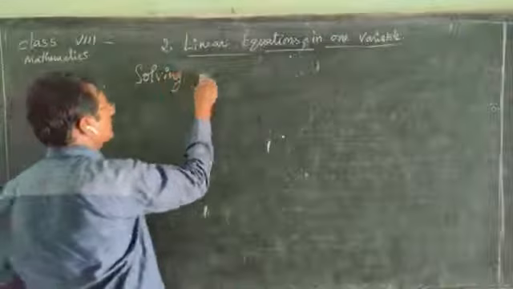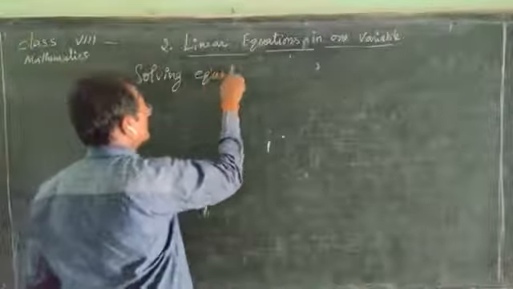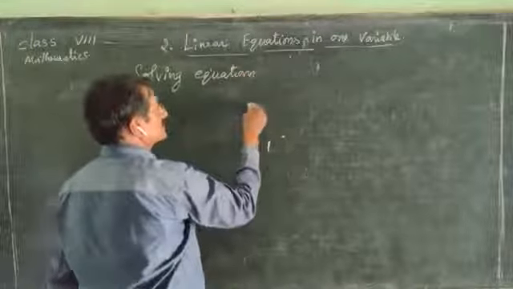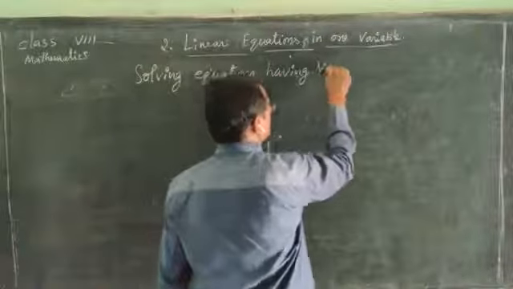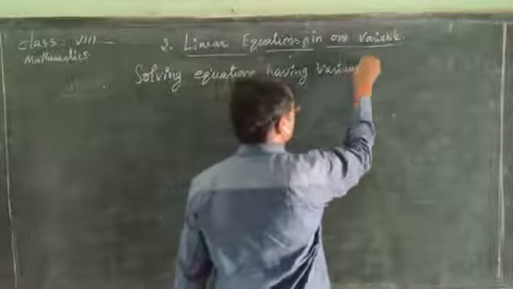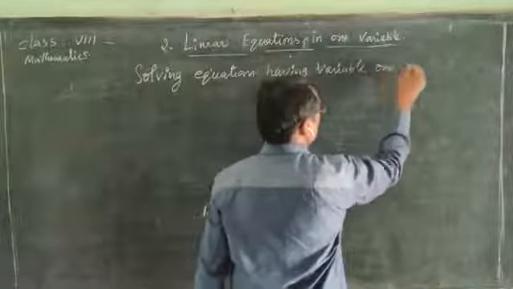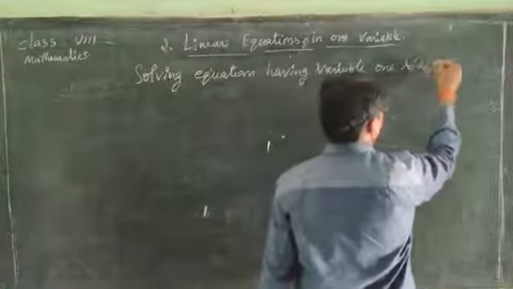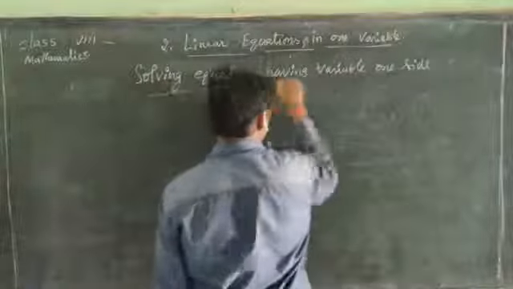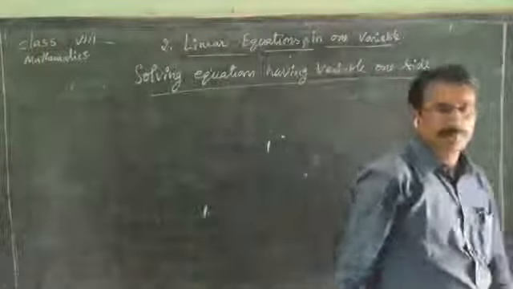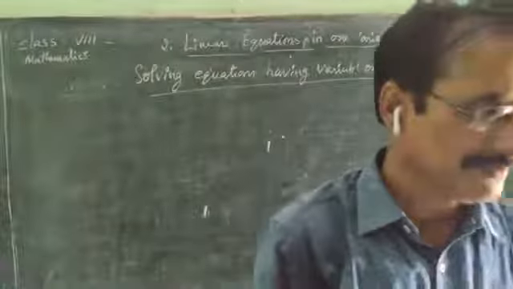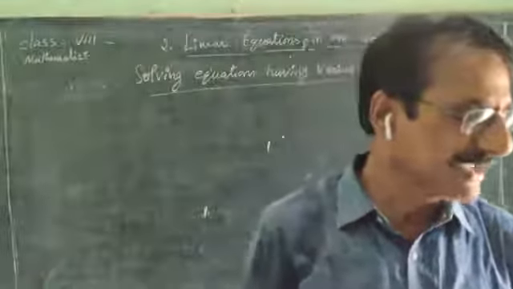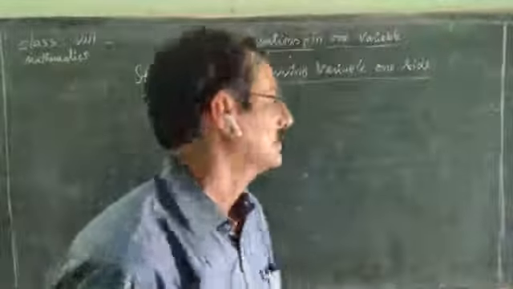Solving equations having variable on one side. I am going to write some examples on the board. See this example. Solve the equation 3y plus 39 equal to 8.